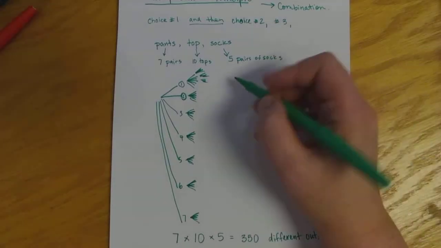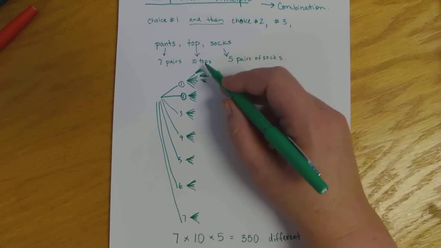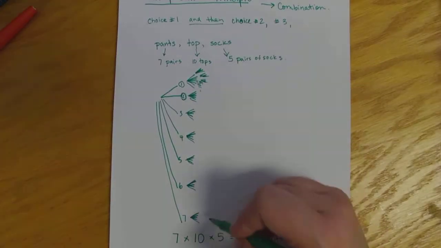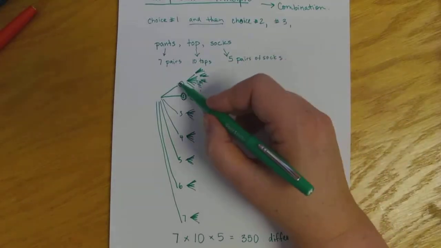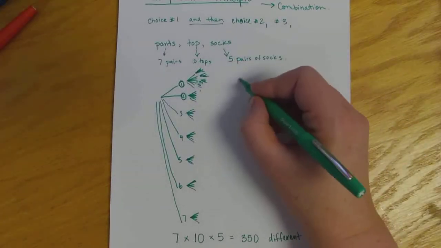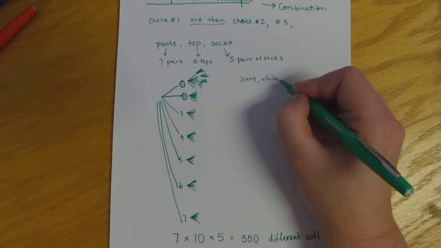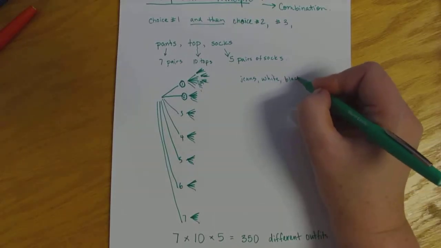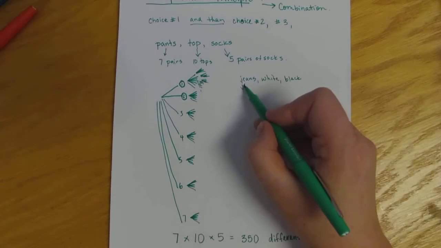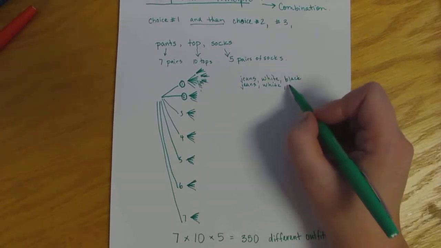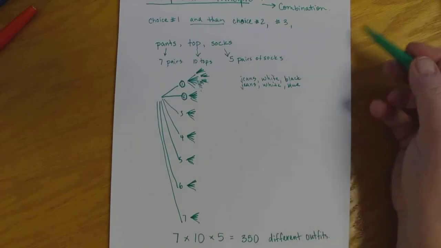So just to clarify, if I kept drawing all of these lines, there would be 350 end points. So say the first choice is, you picked your jeans, your white top, and your black socks. But then you could pick your jeans, your white top, and your blue socks, right?